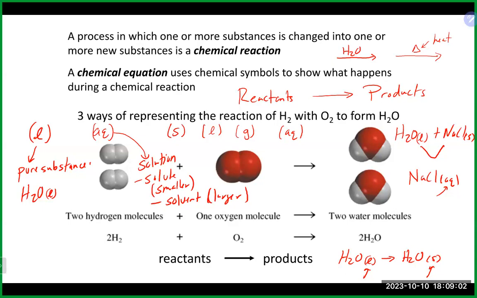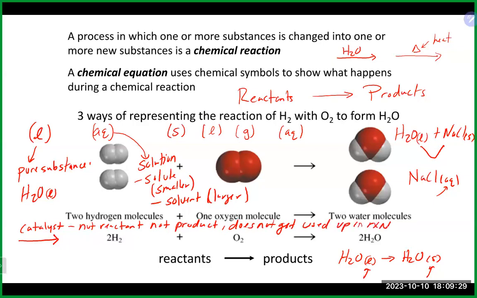Most commonly as well, what we see on top of the arrow a lot of times is a catalyst. And a catalyst is not a reactant. It's not a product, and it does not get used up in the reaction. Really, a catalyst is there in most cases to speed up the reaction.